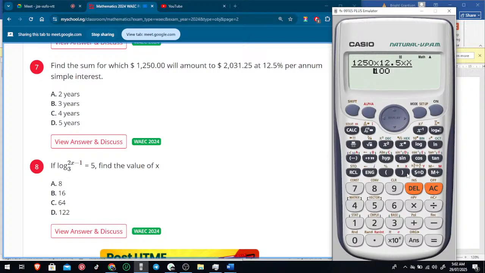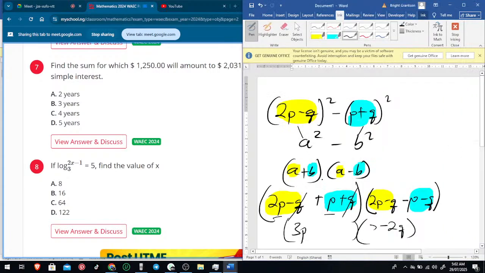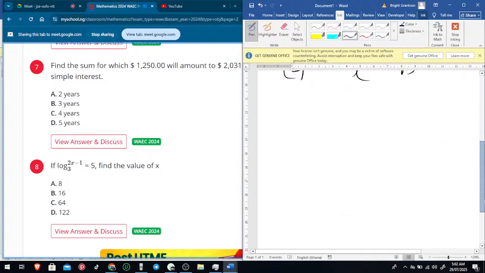Whenever you're finding amount, what's the formula for amount? Amount is principal minus interest. No, total amount minus the principal. So amount is principal plus interest. So in this case, they say that for which what?